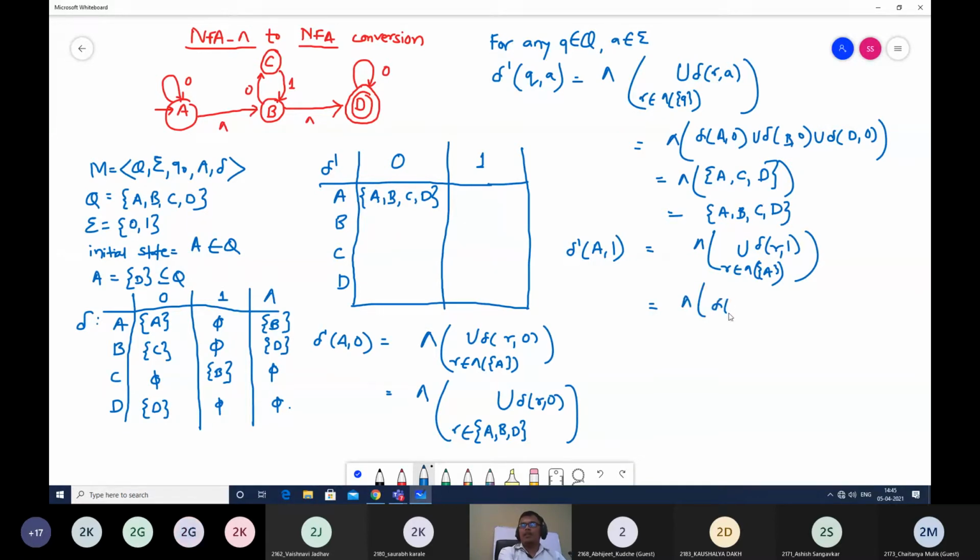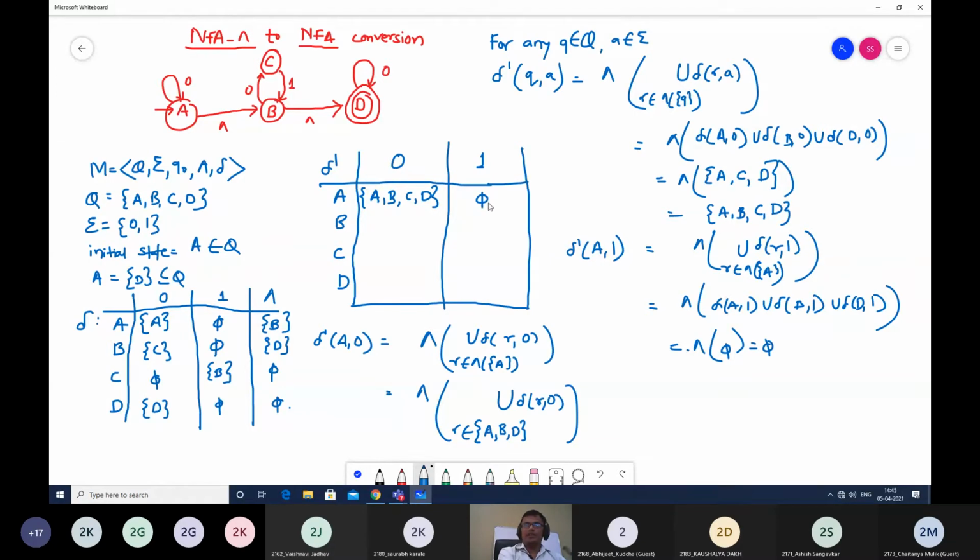So this is as good as delta of A comma 1 union delta of B comma 1 union delta of D comma 1. So null closure of A comma 1, A comma 1 is 5, B comma 1 is also 5 and D comma 1 is also 5. So it is null closure of 5, which is coming out to be 5. So A1 is 5.